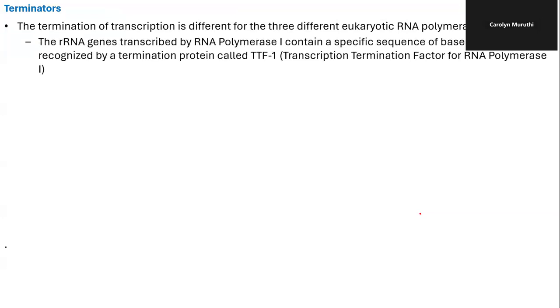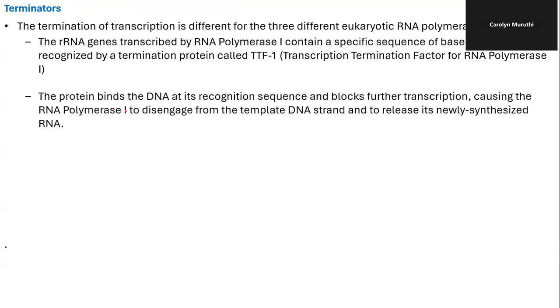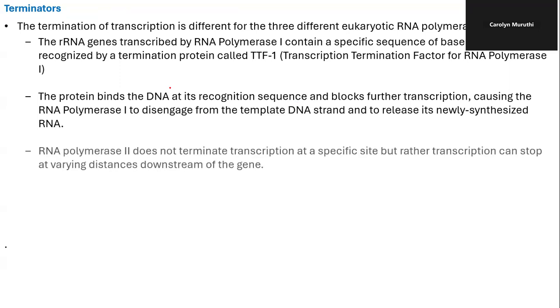The rRNA genes are transcribed by RNA polymerase I. They contain a specific sequence of base pairs, which is recognized by a termination protein called the transcription termination factor for RNA polymerase I. The protein will bind to the DNA at its recognition sequence and block further transcription. This will cause the RNA polymerase to disengage from the template and release the newly synthesized RNA.